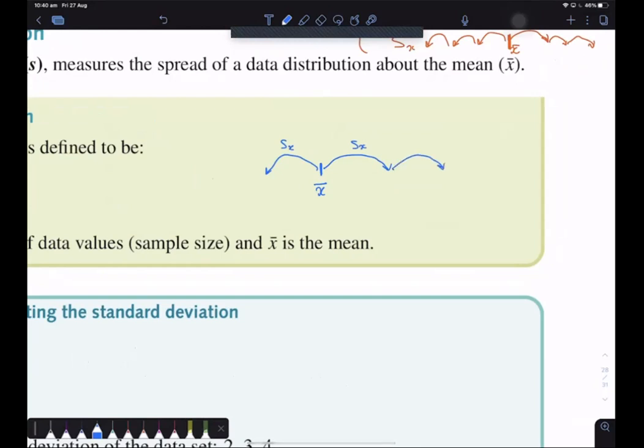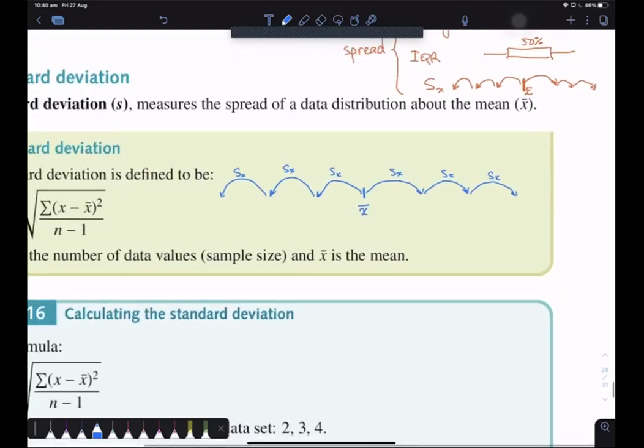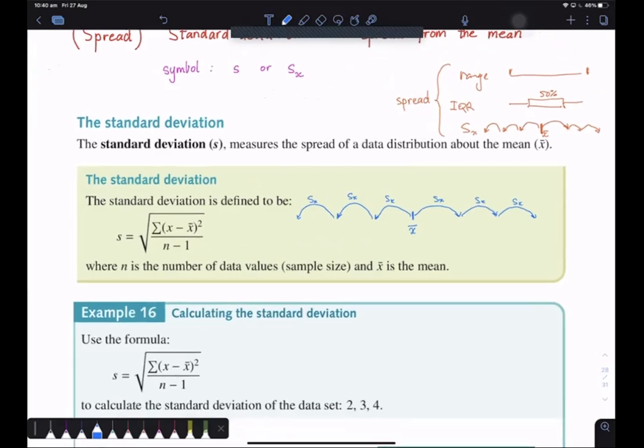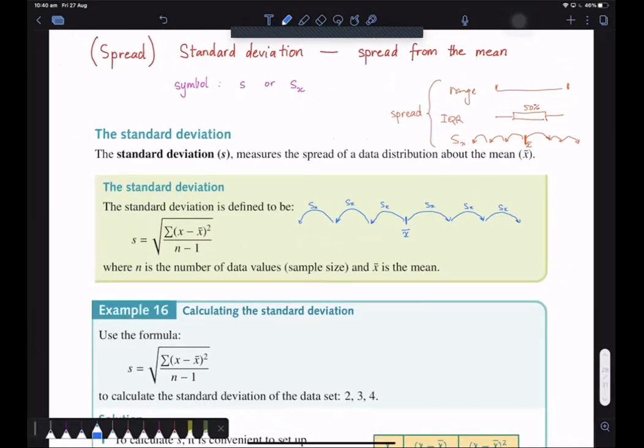You can jump twice out, so you can go up twice and you can go down twice. And so it's proportional, it's the same amount every time. You can go out 3 times from there. Next year you'll learn about this standard deviation in more detail. So I just want you to be introduced to the concept now.